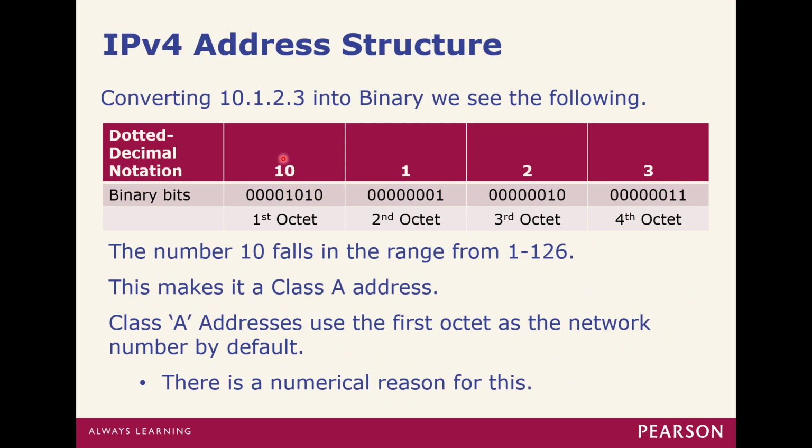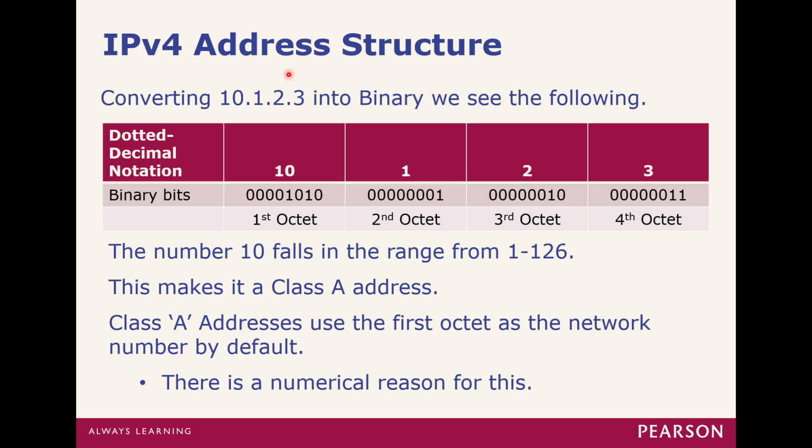Here we have converting the IP addresses to binary. Each one takes 8 bits, which is 1 byte. The number 10 falls under the range from 1 to 126. This IP address is usually a private IP address. You don't use it outside; you only see it on your local PC.